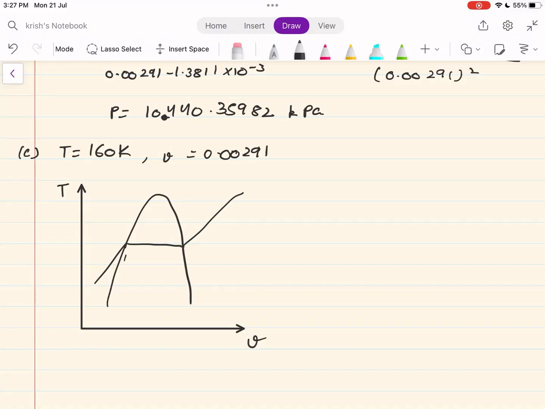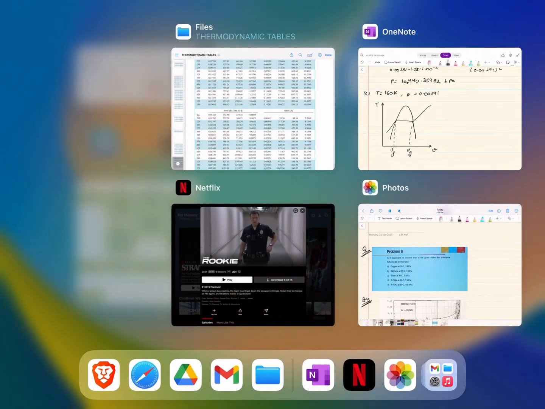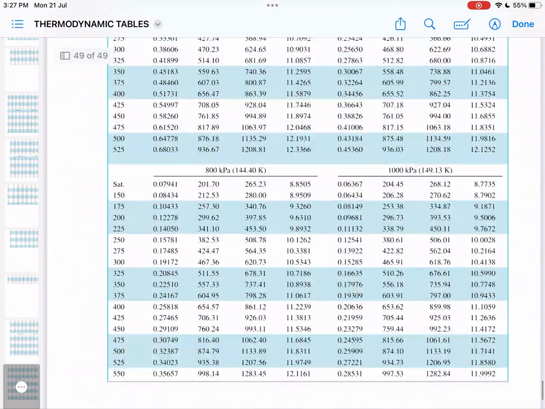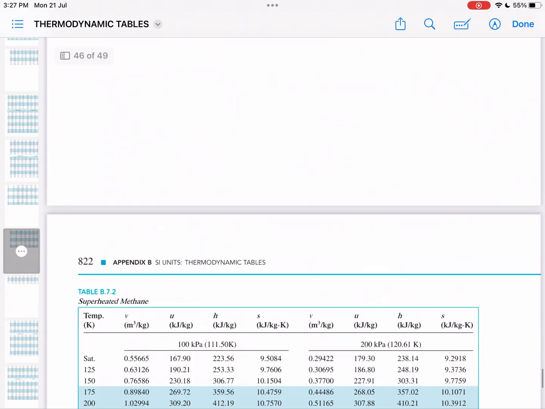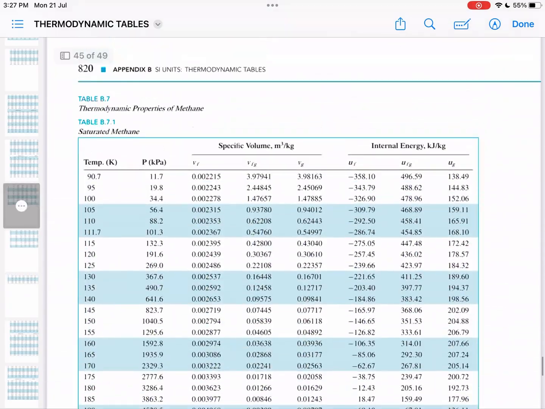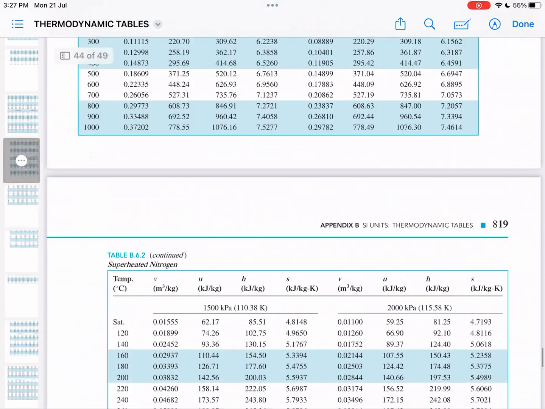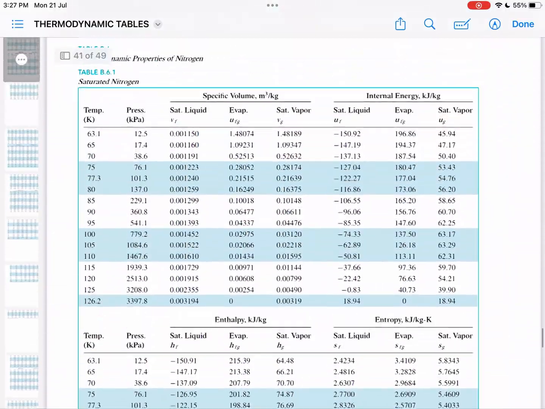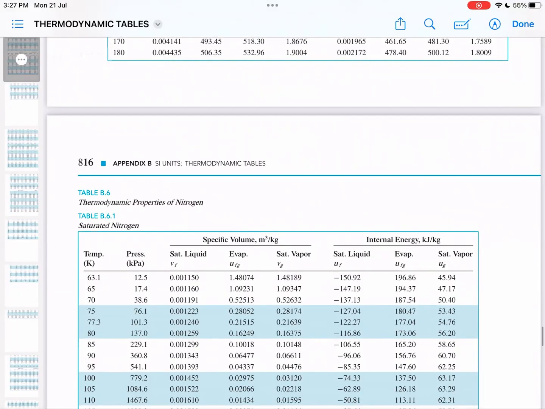Right. So I think it will be beneficial to determine the values of Vf and Vg. So we can see where our gas lies. Let me just find the table here.